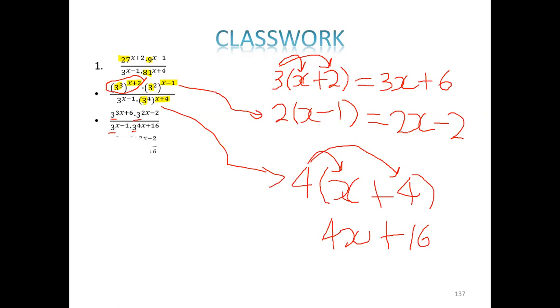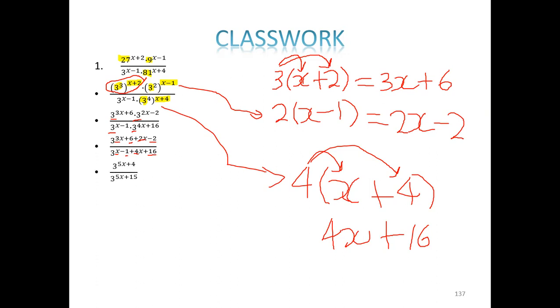You know like terms by now. So 3x plus 2x gives you 5x, and 6 minus 2 gives you 4. That is for the numerator. In the denominator, we have x plus 4x, which gives us 5x, and negative 1 plus 16 gives us plus 15, and this is what we've got.